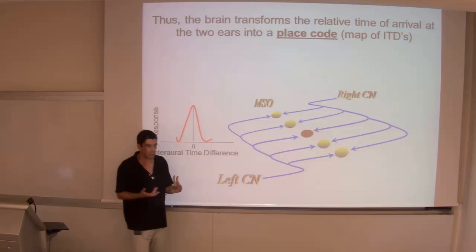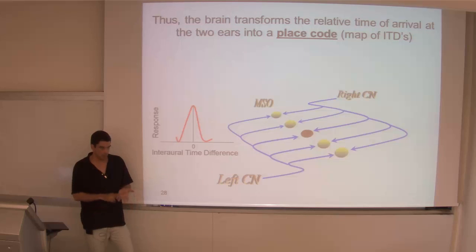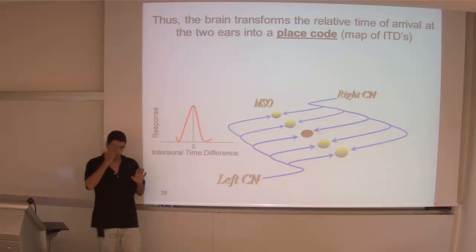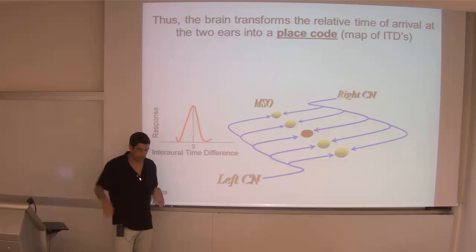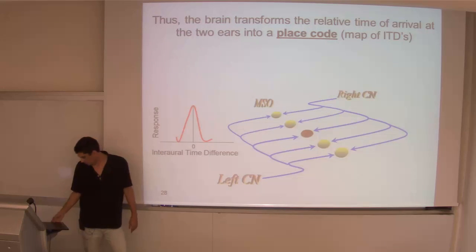Okay, so this is essentially a computed map of space location, unlike vision and somatosensation, which is a physical map, so to speak. Okay, the neurons themselves are sensitive to a given region in the environment. Here it is computed from the left and right side.